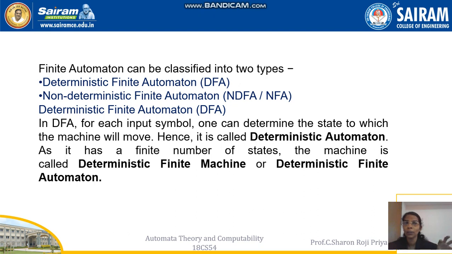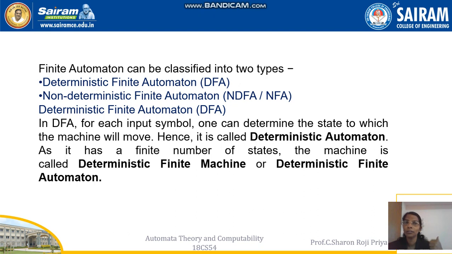Automata is a self-acting model. This finite automata is divided into 2 main types, DFA and NFA. Again under NFA I have NFA with epsilon transitions. DFA is deterministic finite automata. NFA is non-deterministic finite automata.